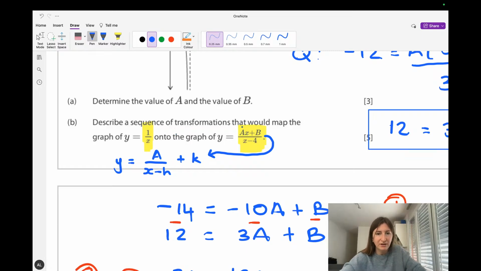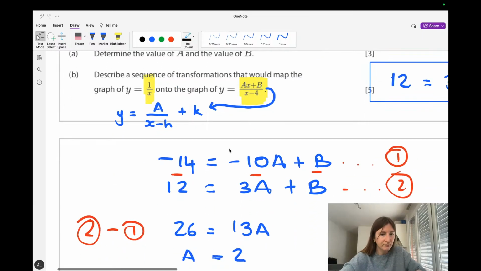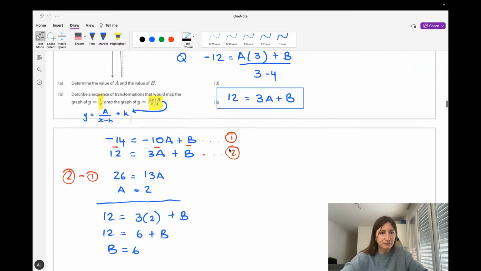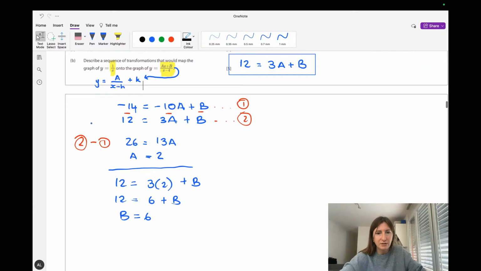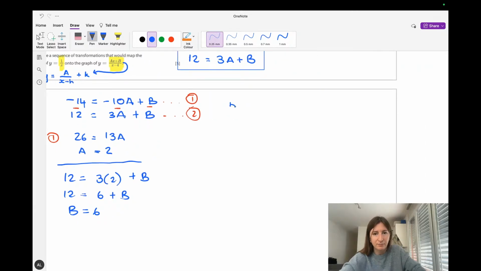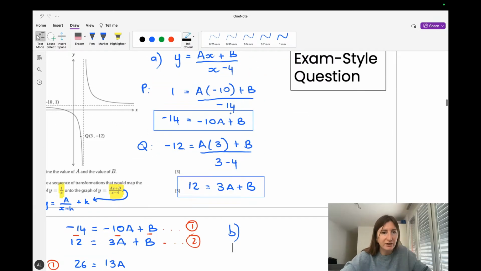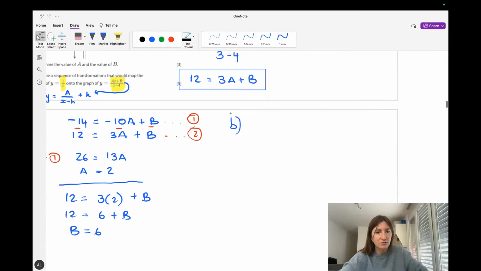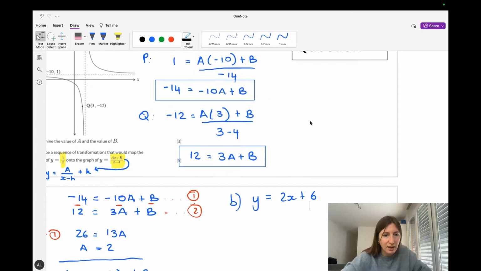So let's write our function all together now that we know our a and b. So our function was y equals (ax plus b) over x minus 4, so y equals (2x plus 6) over x minus 4, just substituting in our a and b.